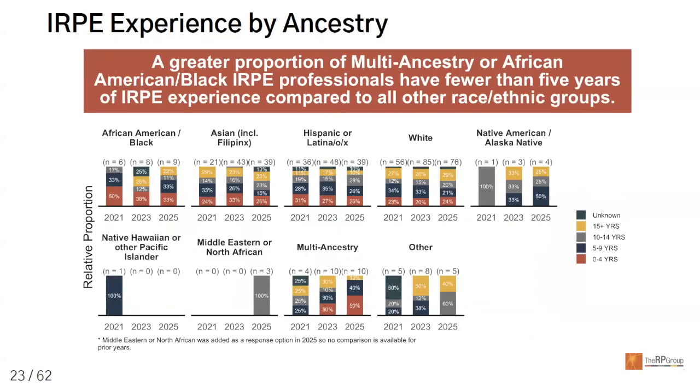And when we look at it with ancestry, people who are multi-ancestry or African American tended to have fewer than 5 years of experience compared to other races and ethnicities.